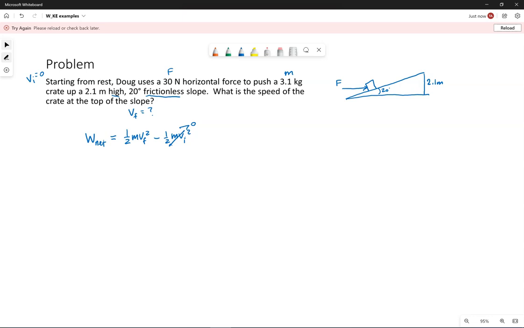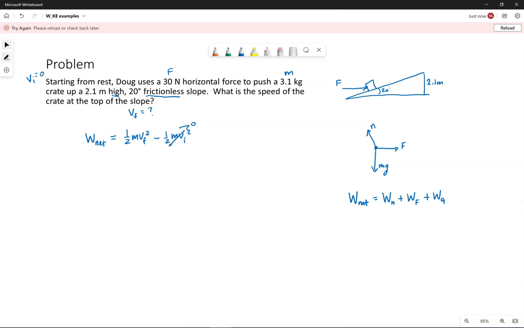Now, as that crate is moving, the pushing force is horizontal. The normal force is perpendicular to the incline. And the force of gravity is straight down. So when we say net work, we mean the work done by every single force acting on the object as it moves between the initial and final position.